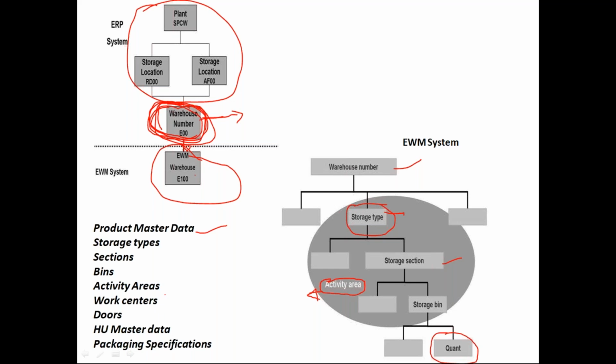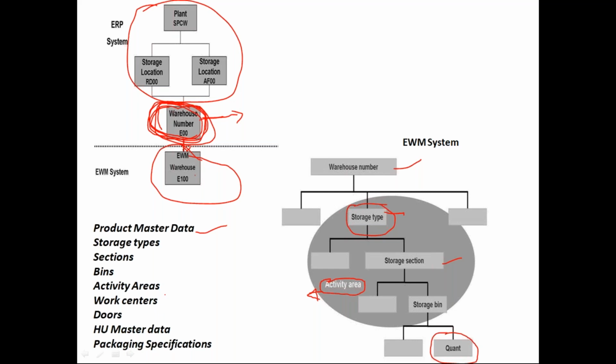For example, if bins are meant for picking, we can say picking activity area, isn't it? In WM you have something called a picking area, right? In LE we have picking areas, and that is only meant for picking purposes. Here in EWM, the activity area is used for different purposes.